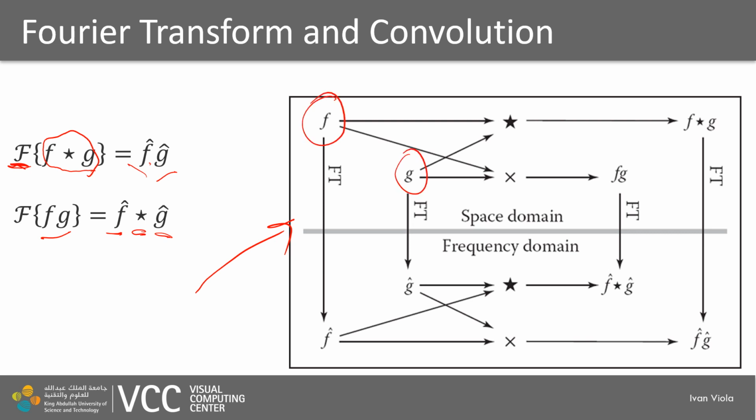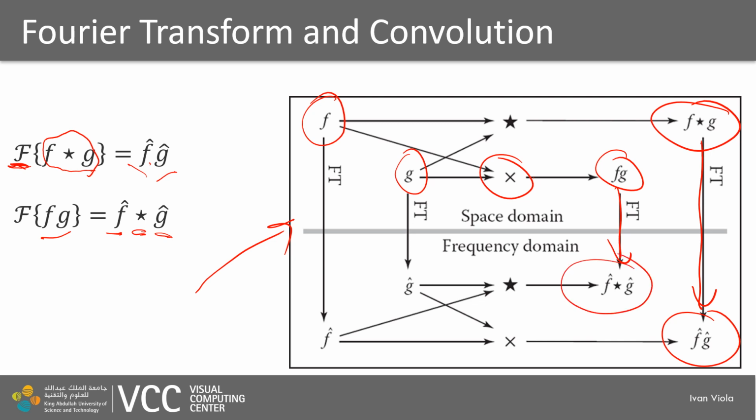If we convolve these two and then transform to the frequency domain, it will be the same as multiplying these two. Or if we multiply these two functions in the spatial domain, we have the product here, and then if we transform this product into the frequency domain, it will result in a convolution of the frequency domain representations of these two functions, f and g.